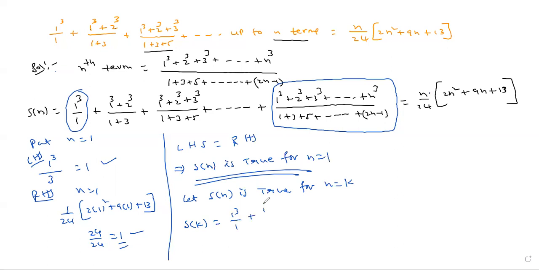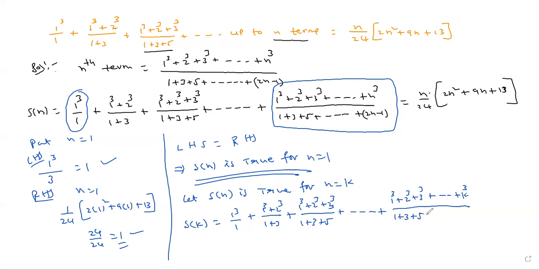That gives 1 cube by 1 plus 1 cube plus 2 cube by 1 plus 3 plus 1 cube plus 2 cube plus 3 cube by 1 plus 3 plus 5 plus up to so on, n equal to k: 1 cube plus 2 cube plus 3 cube up to so on k cube by 1 plus 3 plus 5 up to so on 2k minus 1. You just write n as k. That is S of k, which is equal to k by 24 of 2k square plus 9k plus 13.